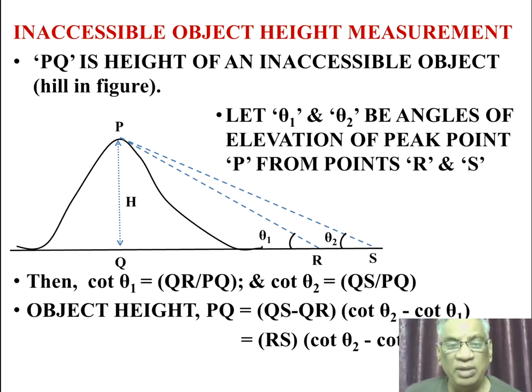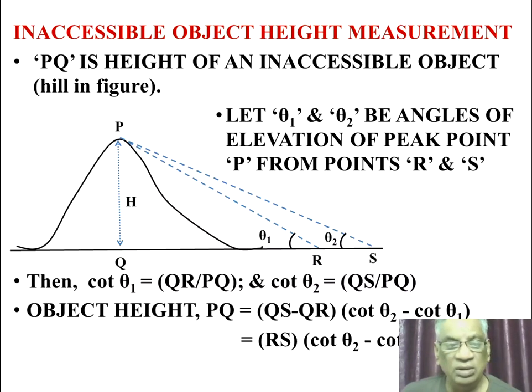The distance between R and S is known, though we don't know what QR or QS is. Measure the angles of elevation of the peak of the mountain or hill from the observation points R and S. Let theta 1 and theta 2 be the respective angles of elevation.